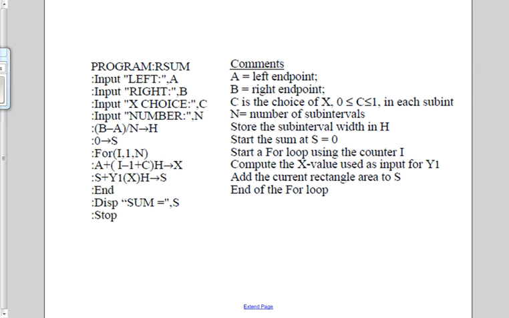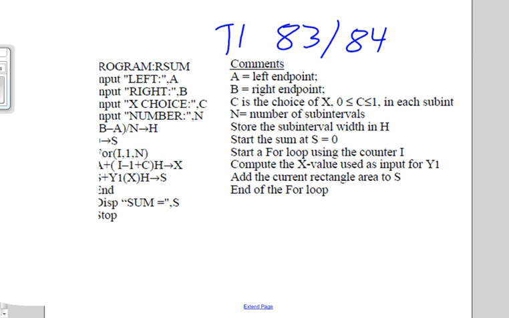There may be comparable ones for the Inspire or 89s or other types of calculators, but this is the one that I know. So follow along with me. We might have to start another video halfway along, but let's get started.